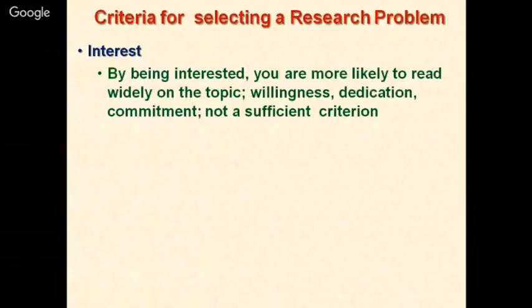I will try to carry out research work in the area in which I am interested. Okay. Because if you are interested, your willingness would be high, you would be more dedicated, more committed, but it is not a sufficient criterion.